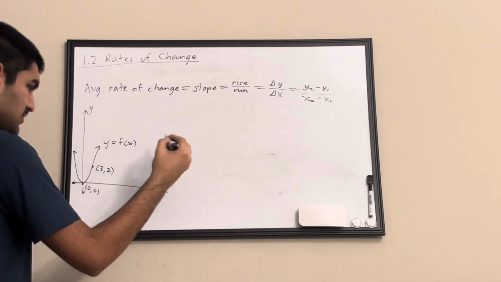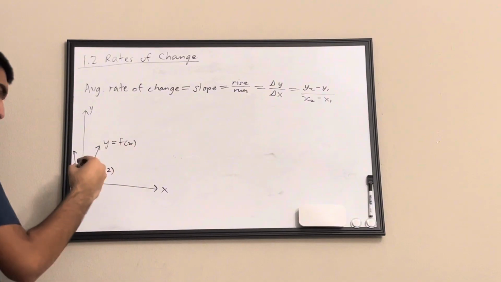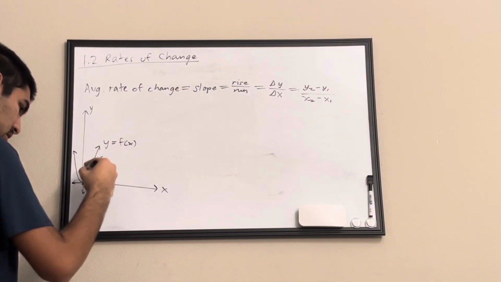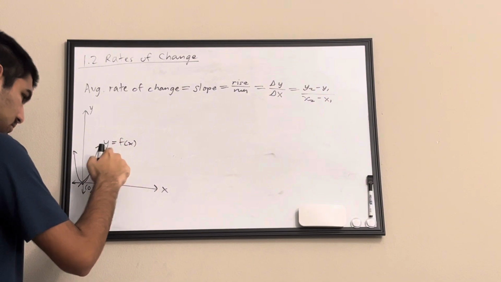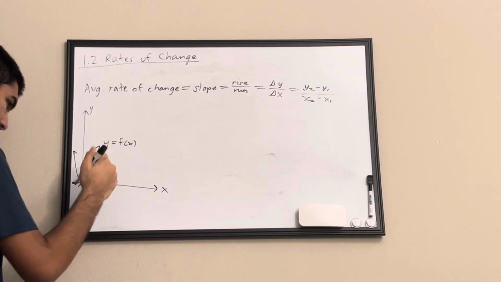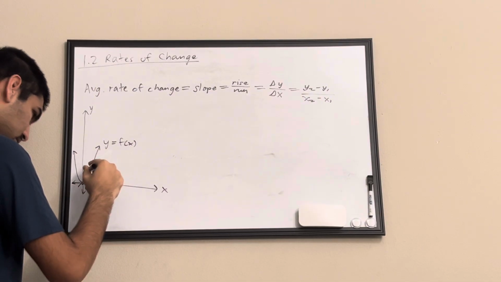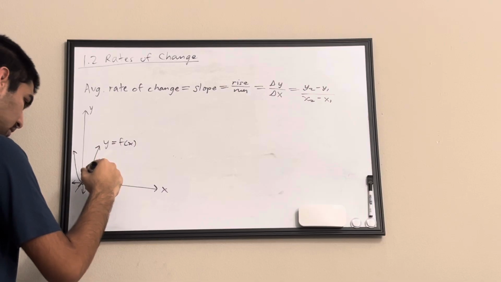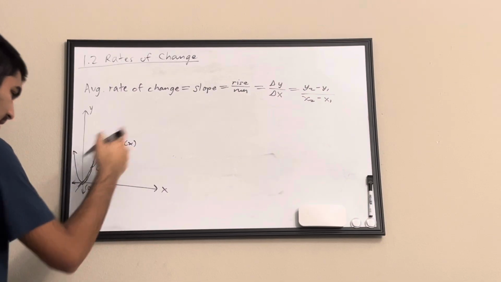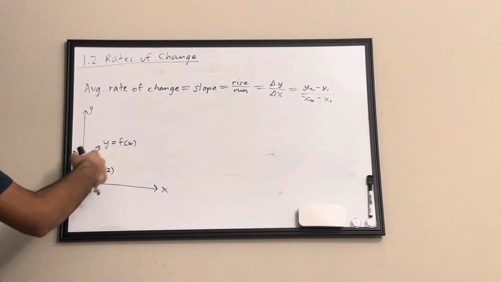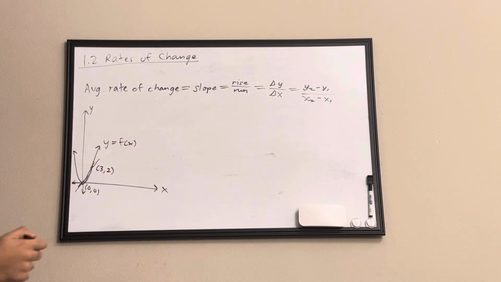So the average rate of change is just the slope between these two points. If you draw the secant line between these 2 points, you get the idea. That's the average rate of change, the slope of that line between these 2 points.